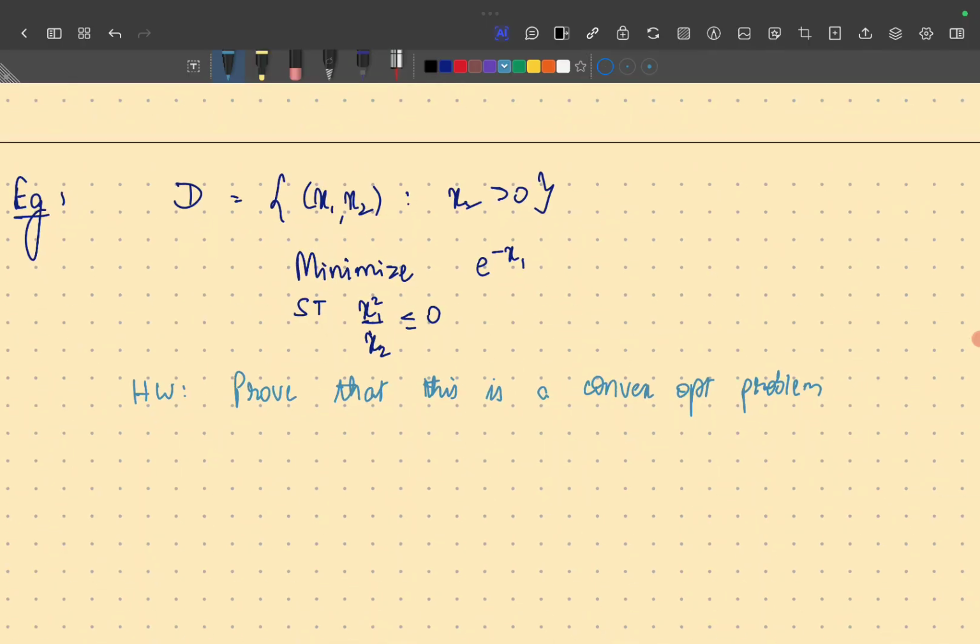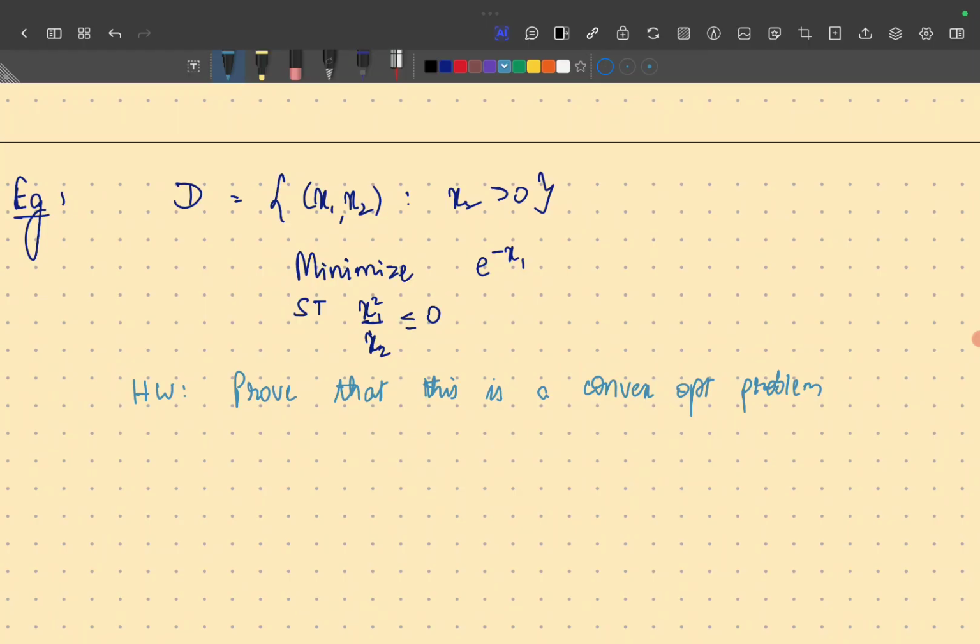Now in this case, what is actually the constraint set? For what values can x1 take if it has to satisfy the constraints? Can't you make it a multiplication? No, this is how I'm defining it. This is the optimization problem.